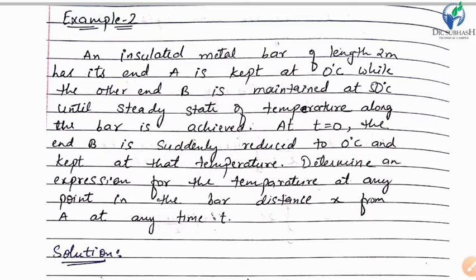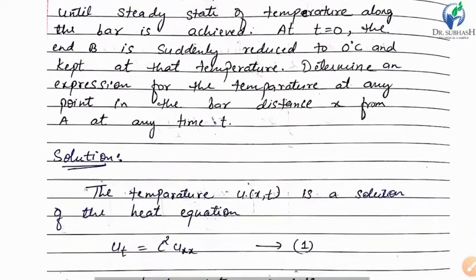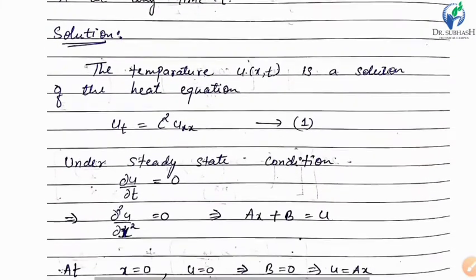What it is saying is that at t equal to 0, the temperature is reduced from 50 to 0 degrees. Determine an expression for the temperature at any point in the bar for distance x from point A at any time t. See, this is based on the heat equation.